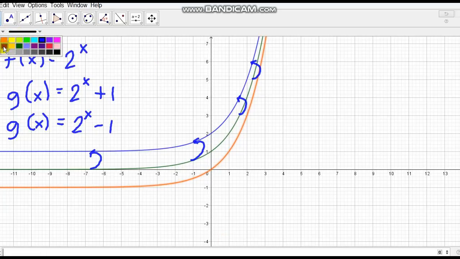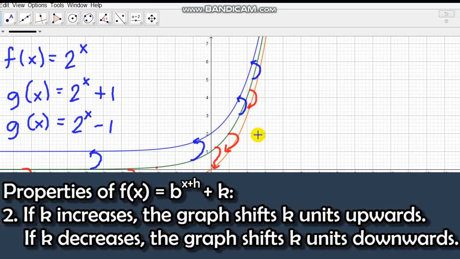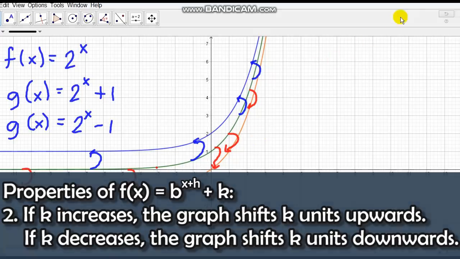This is the original graph, and we can see here that the new graph is asymptotic to y equals -1. All of the points have shifted 1 unit downward. So if k increases, the graph shifts k units upward, while if k decreases, the graph shifts k units downward.